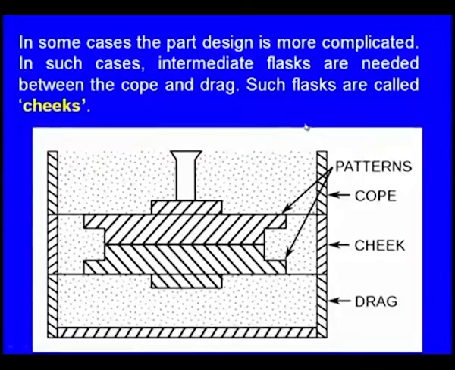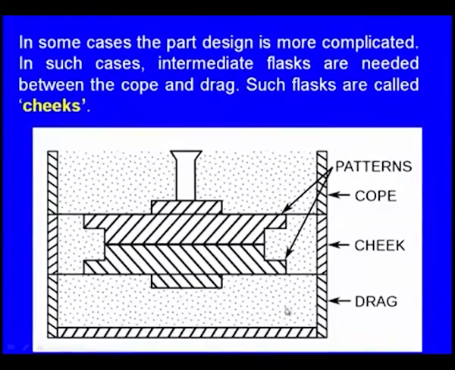Now, we have seen that sometimes we also use an intermediate moulding box. Here such a case comes, where there is a complex geometry. For this kind of geometry, with two boxes, the cope and drag, it is very difficult, that is why we use a third moulding flask, known as the cheek.